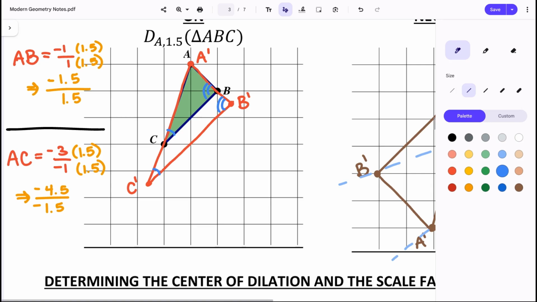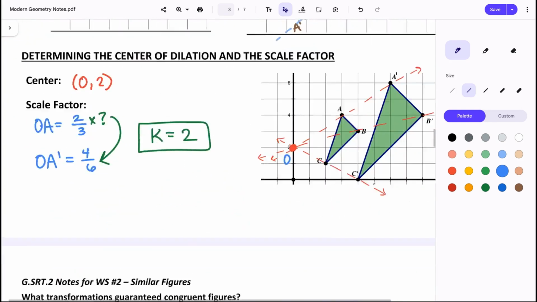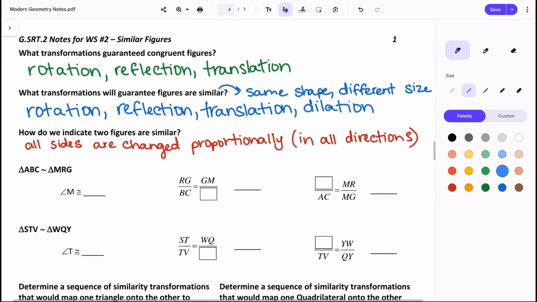So all the angles inside of your shapes when you do dilations should match. Your angles should never be getting bigger or smaller. If they are, you're not doing a dilation anymore. You're doing something else. So down here, I'm just going to add this underneath where I wrote that in red. I'm going to put a little star by this, and I'm just going to say angles do not change.